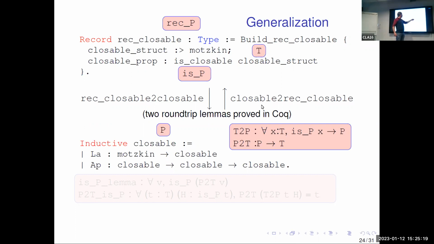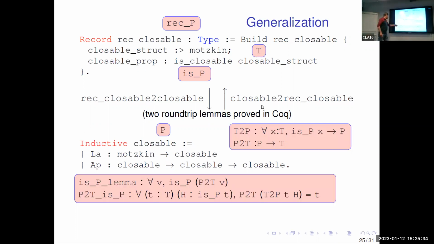And the other way around, if you have something in T, which could be a Motzkin tree for instance, and you have the property is P, then you can build the P. If you manage to have these two functions, you need two following properties. If you take a value of type P and transform it to T, you have to make sure it still verifies the is P property. And the other way around, you need to make sure that P to T of T to P of T is equal to T.